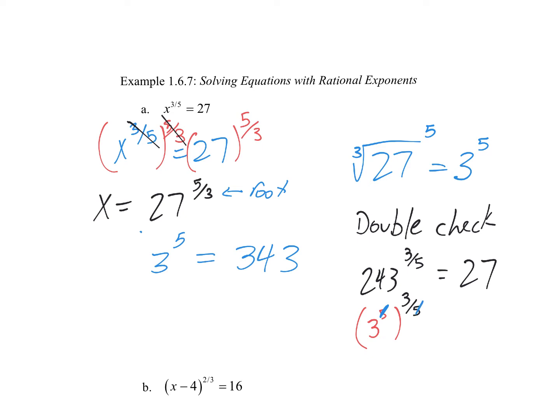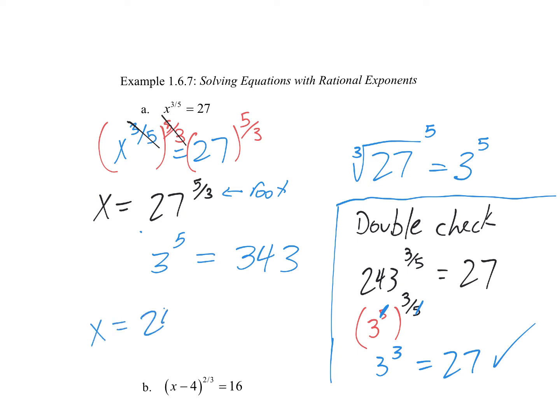So now we've got 3 cubed, which does in fact equal 27. And we can say, yeah, our double check checks out. And so the answer was that x equals 243. Okay. On stuff like this, it's super important to make sure that we check our work. Sometimes signs and stuff can get canceled out when we're not paying attention. Even roots, remember, don't work with negatives. And so it's very, very important that we always go back and check our work.